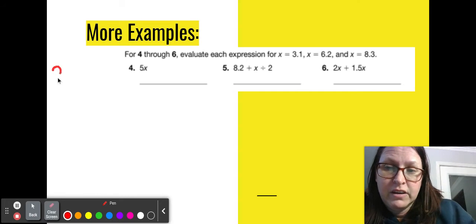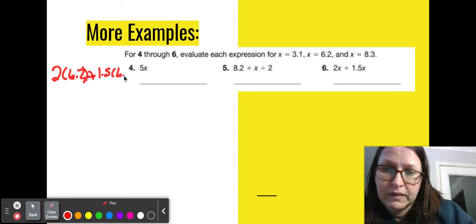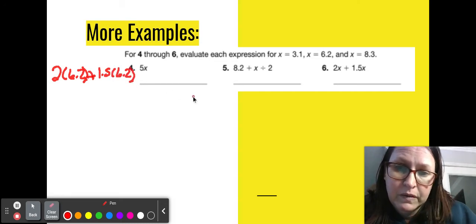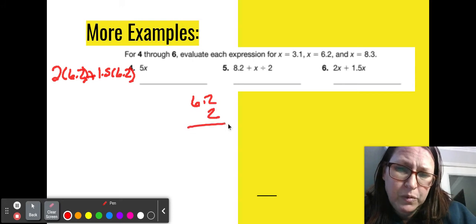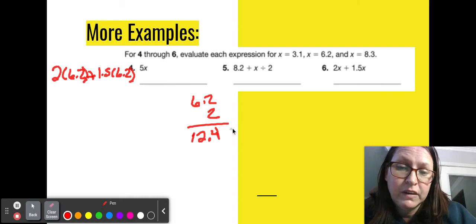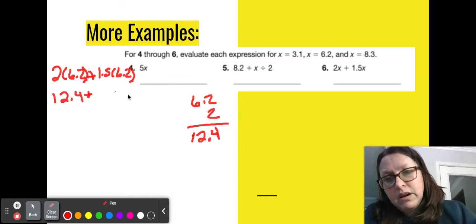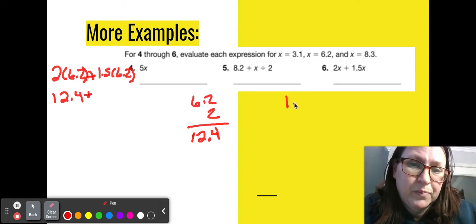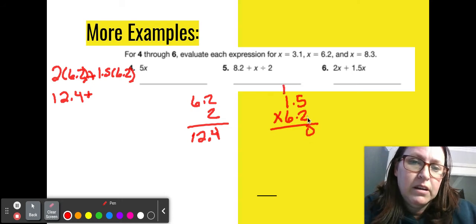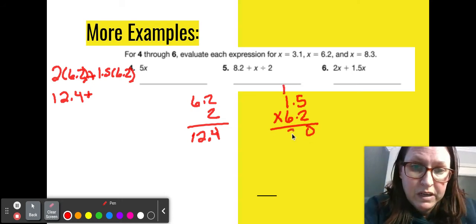So now I have 2 times 6.2 plus 1.5 times 6.2. So 6.2 times 2. 2 times 2 is 4. 2 times 6 is 12. I have 1 decimal place, so that's 12.4. 1.5 times 6.2. 2 times 5 is 10. 2 times 1 is 2, plus 1 is 3.